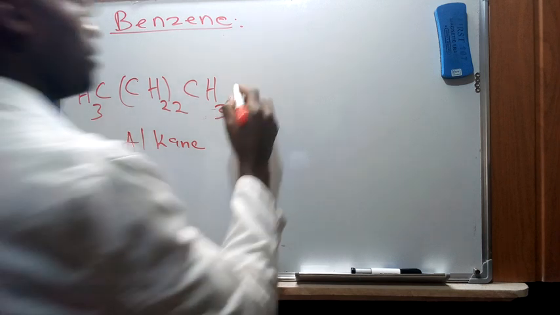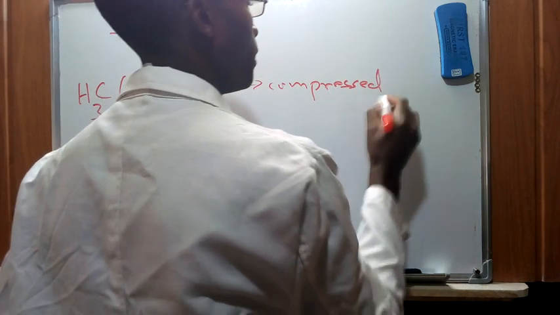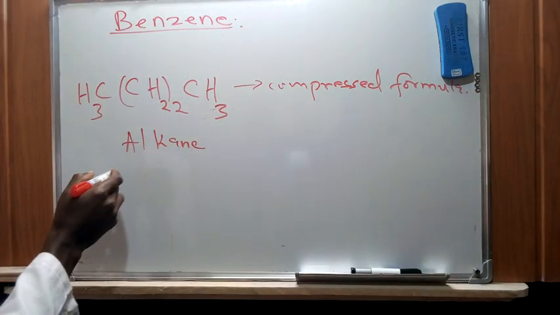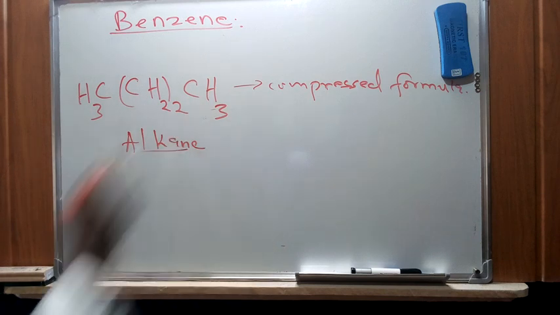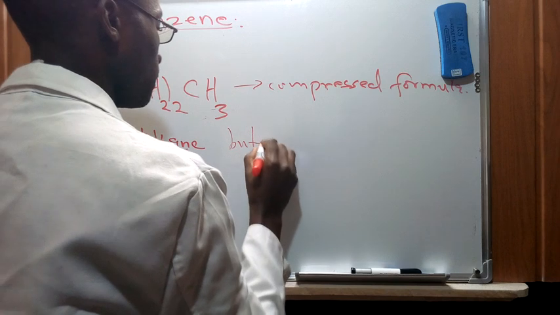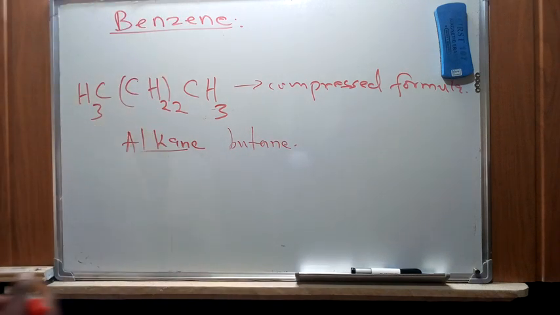So this is a compressed formula representation of this kind of alkane that we have called butane. In this case, we have different kinds of structures: an expanded structure and a compressed structure.